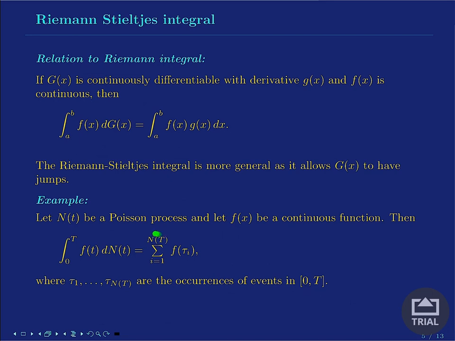And N of t is the Poisson distributed number of events in that interval. So tau_i are exactly the jump points of the Poisson process here.